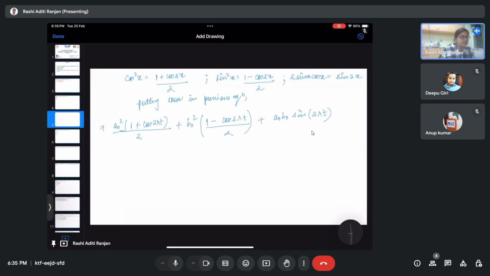So this is essentially my x solution square.